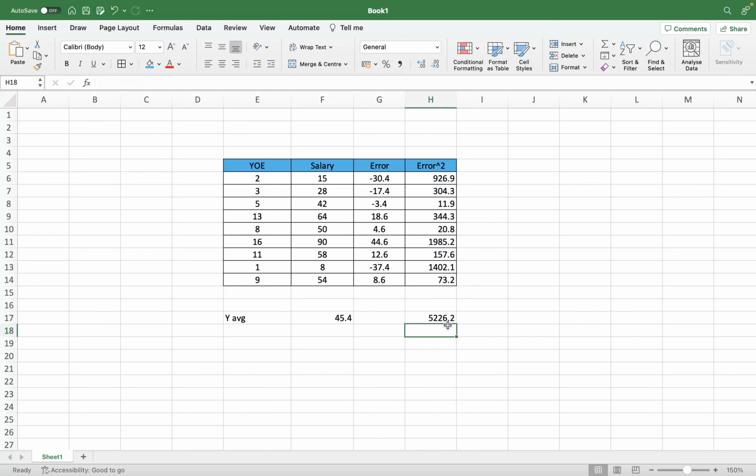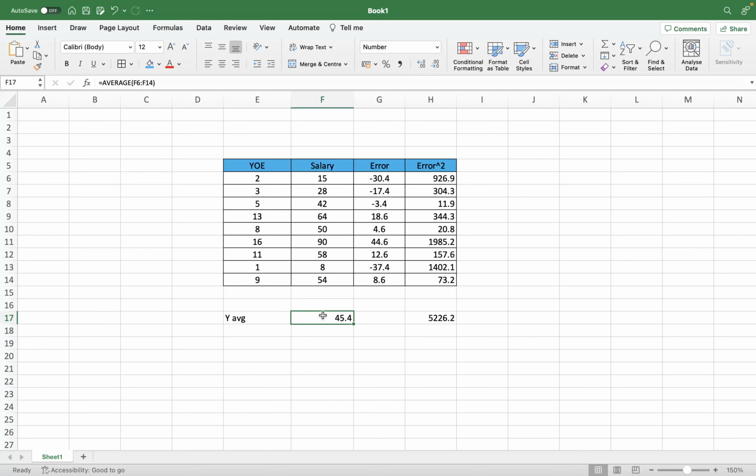So this is our total sum, yes or no? Okay, this is basically the error that we got, with the average line.